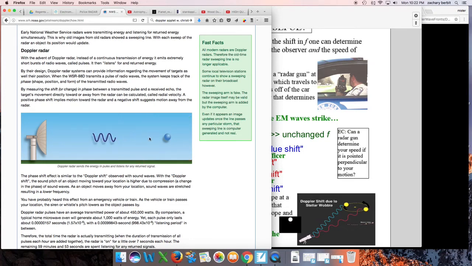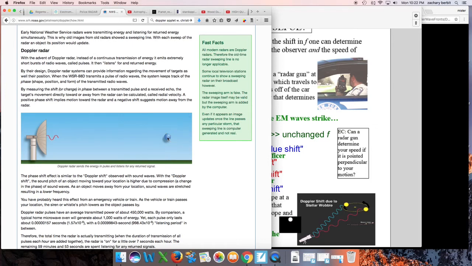So it sends a pulse out, and when it strikes a new air mass, and remember, a new medium could actually be air at a different temperature. So if we have, for example, warm air here and cold air here, when the wave strikes that cold front, something you learned about in earth science, some of it will reflect back.